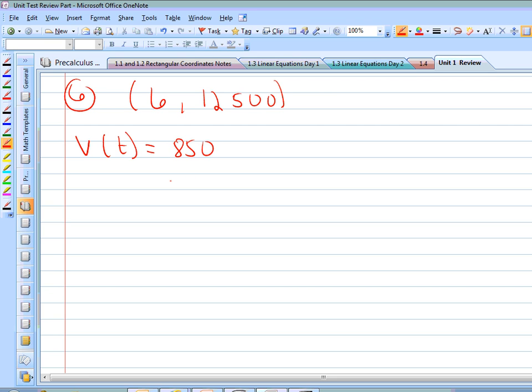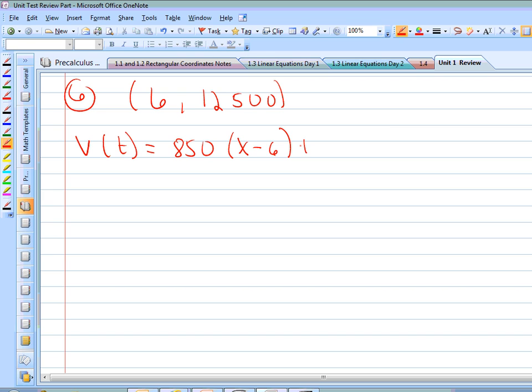But you can't just say 850x since x does not represent 0. Time represents 6. So we're going to have to say x minus 6 because we want to know what happened at year 0. And that's really tricky. If it were year 3, you'd put minus 3. You're going back to year 0.